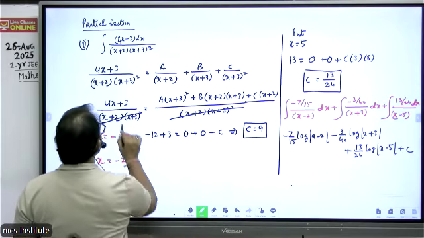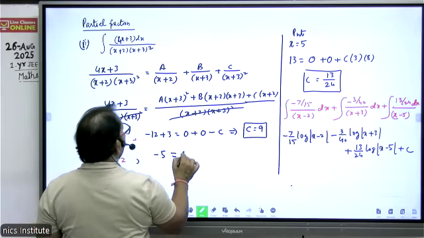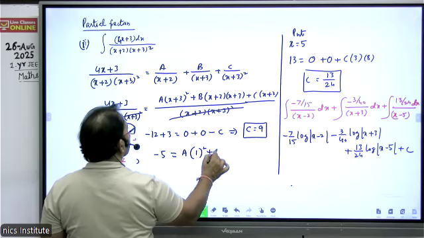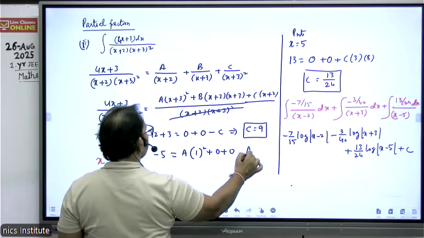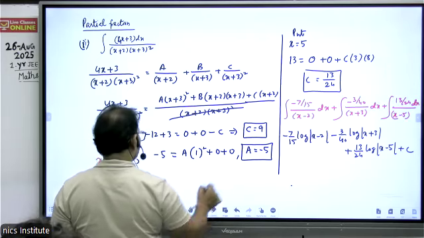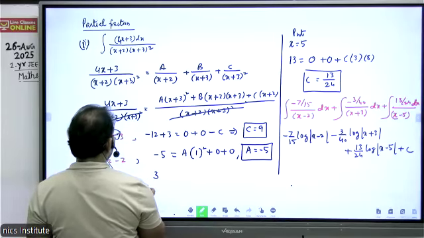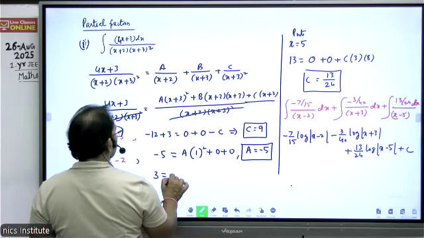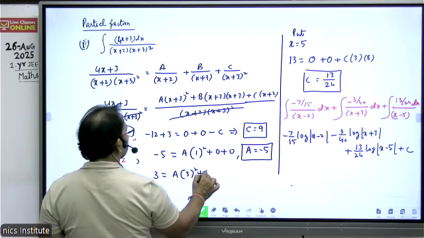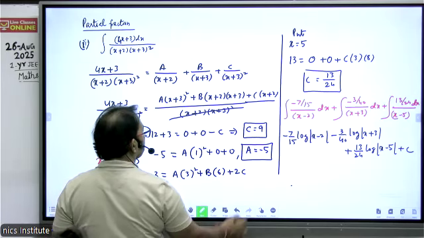Then x equal to minus 2 will be minus 5. A, this is 0, this is 0. A is minus 5. And when x is 0, it will be 3 is equal to a into 3 square, b into 6 and 2c.